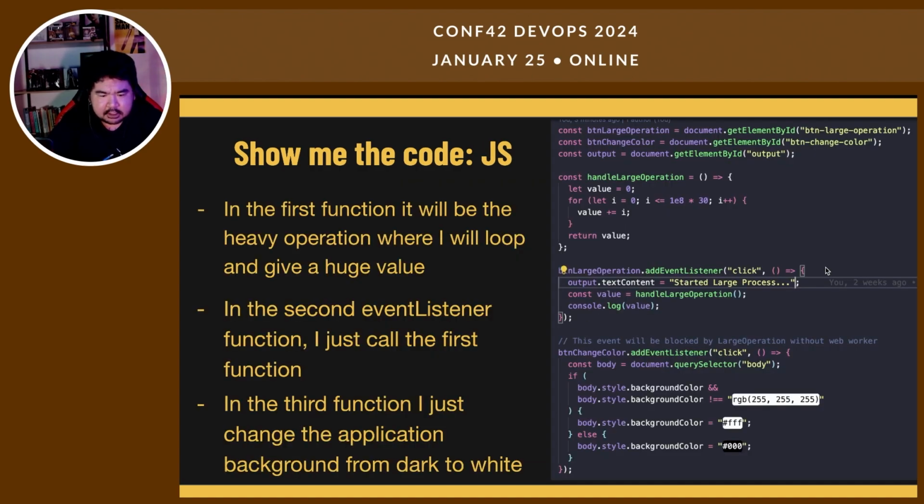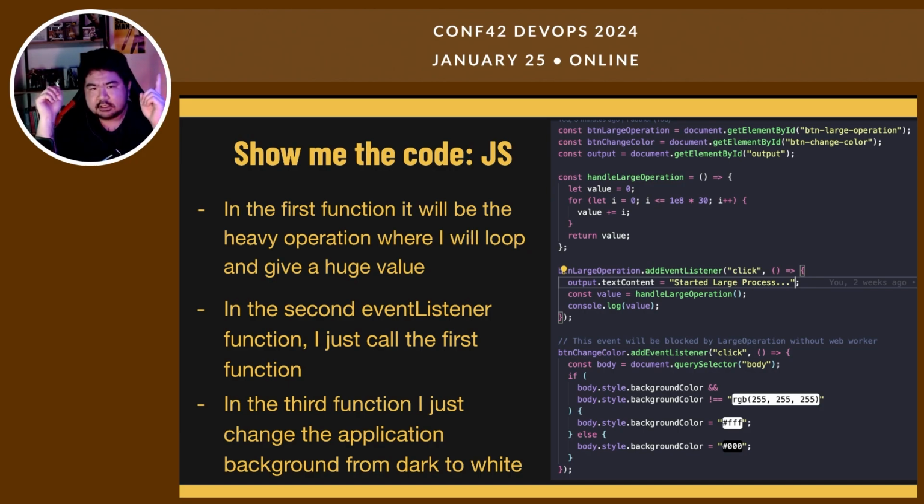Okay. So the JavaScript file, the index.js, we have three functions. The first function will simulate the large operation. So we have the value starting with 0, and we are going to increment this value using a loop, starting with 0 and using the for until 1 million, I think.